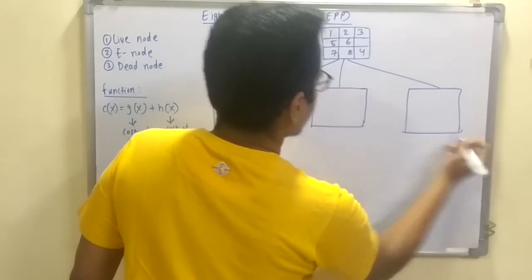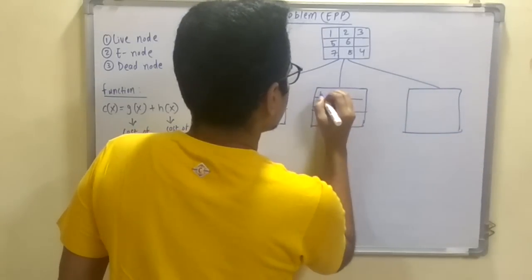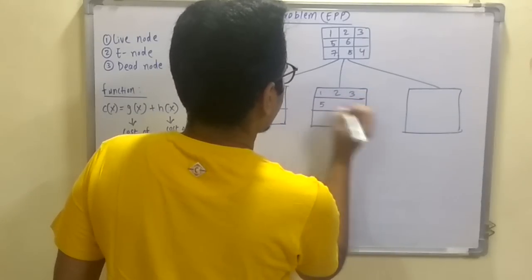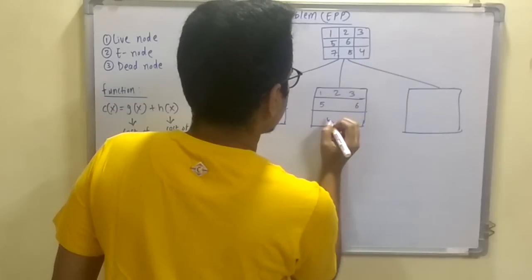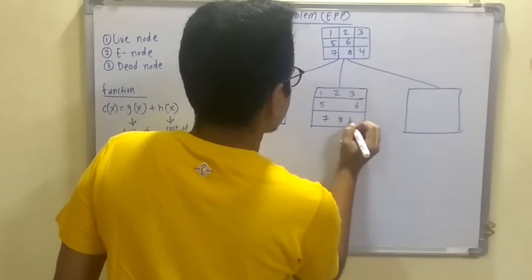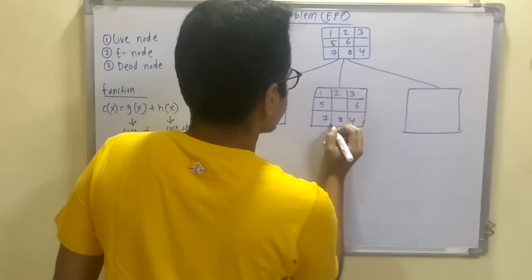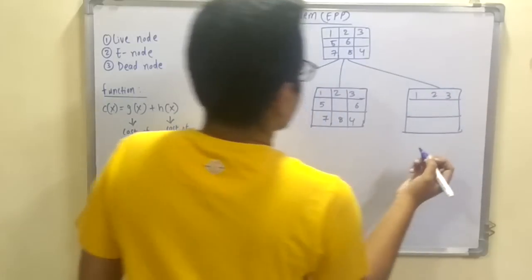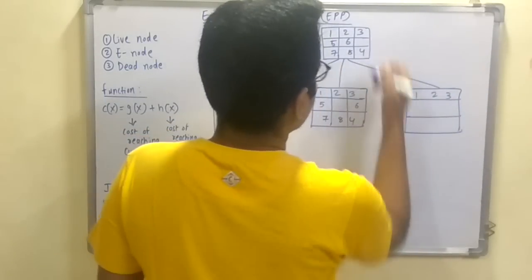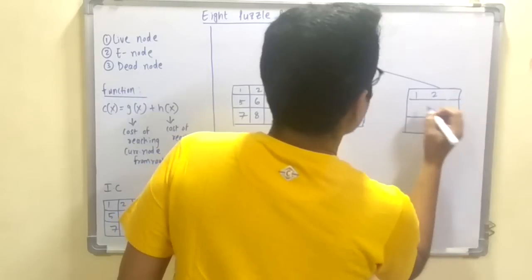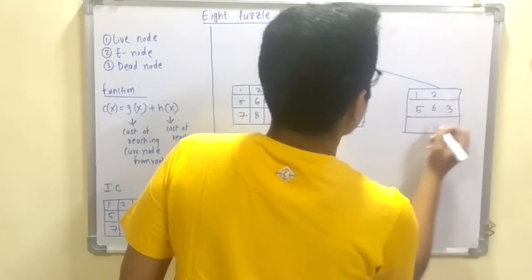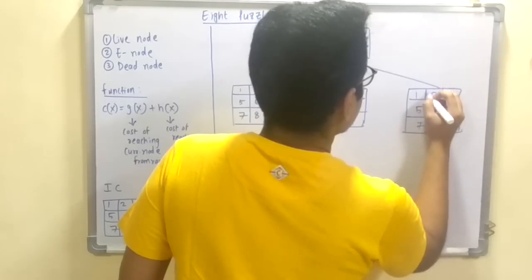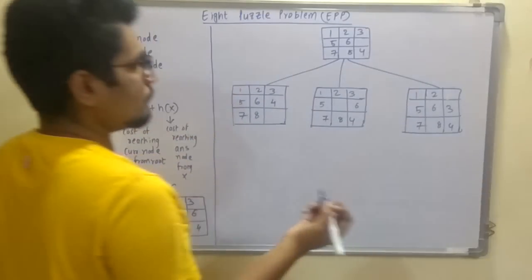Then you have 1, 2, 3, which you keep as it is, and 5 and 6 will be moving to this position, and then 7, 8 and 4. In the other case 3 will be moving down, so it will be 5, 6 and 3, and 7, 8 and 4. This will be our configuration after we do the first move.